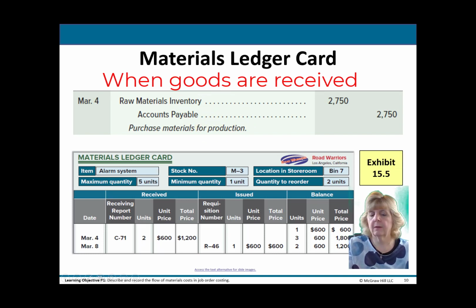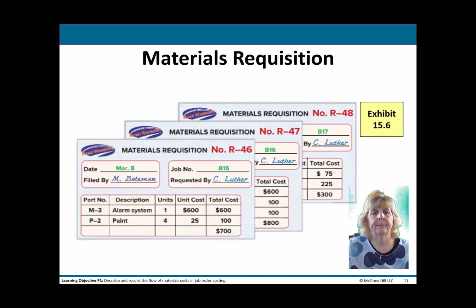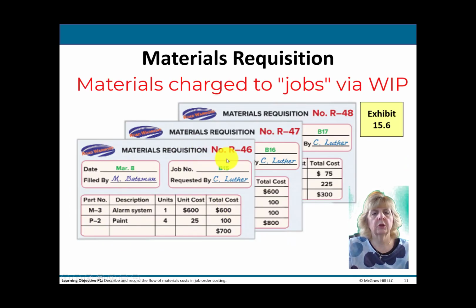Most companies pay via accounts payable. The materials are requisitioned either to specific jobs, in which case they will be charged to WIP, or just to the general factory, in which case they would be charged to factory overhead.